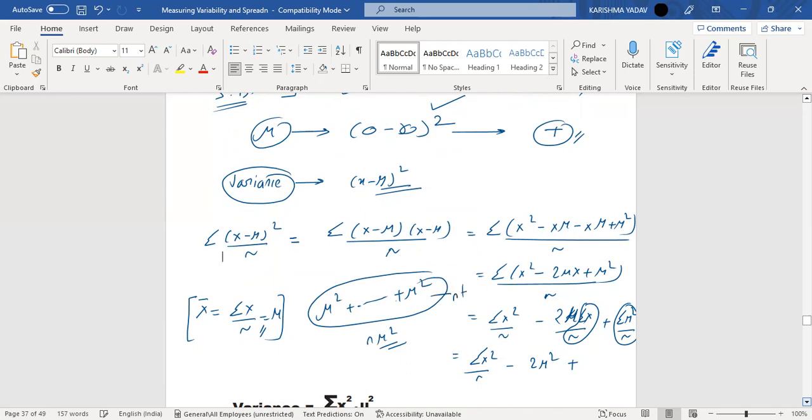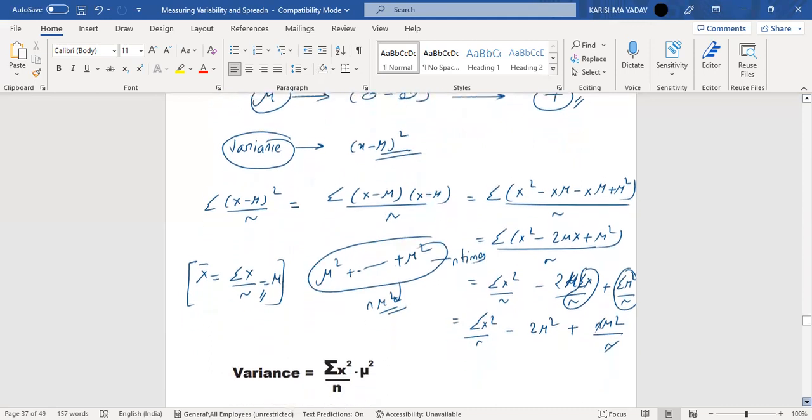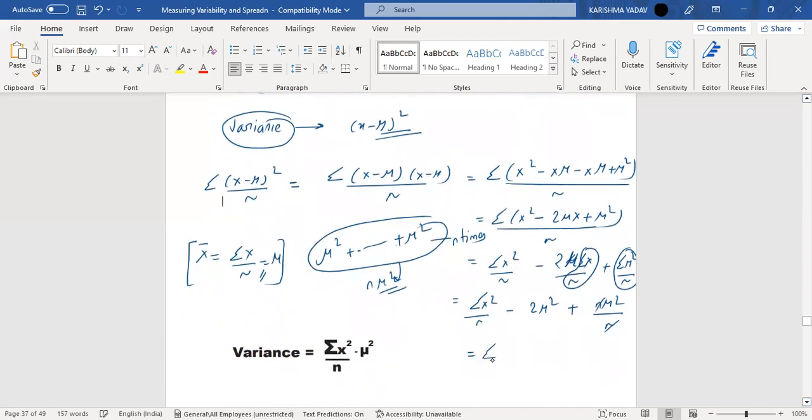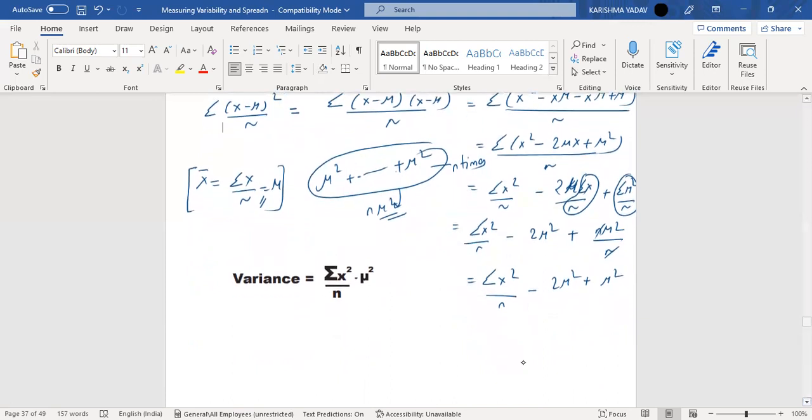We are adding mu square n times, then this will be n mu square divided by n. So we got minus 2 mu square plus mu square. So we got sigma x square divided by n minus 2 mu square plus mu square, right? And that is equal to sigma x square by n minus mu square.